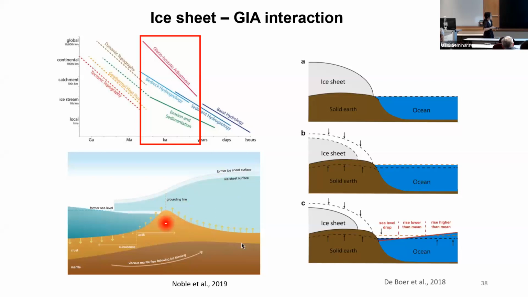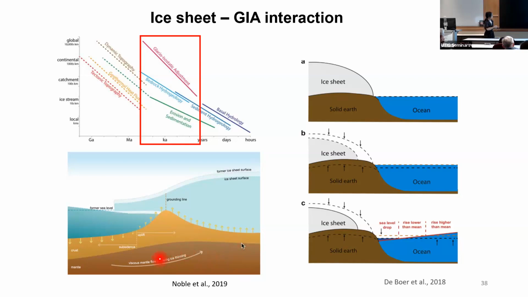They consider the grounding line, and the bedrock elevation, which we call topography. All of those can be changed by GIA or ongoing ice melting events, and also the previous ice melting history.